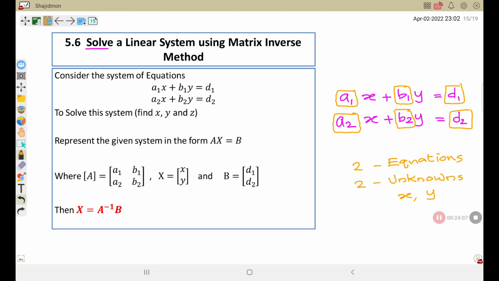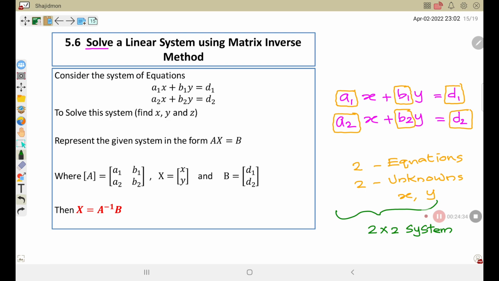The numbers a1, b1, d1, a2, b2, d2 will be given in the questions. Solving means we need to find the x number and the y number. So we have two equations and two unknowns. That is why we call this a 2 by 2 system of equations.